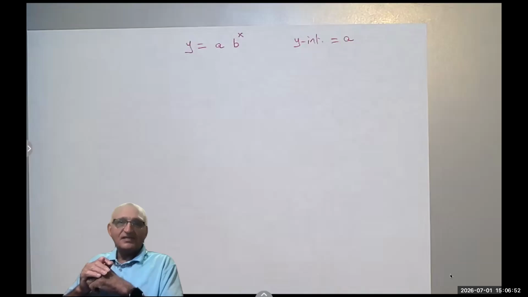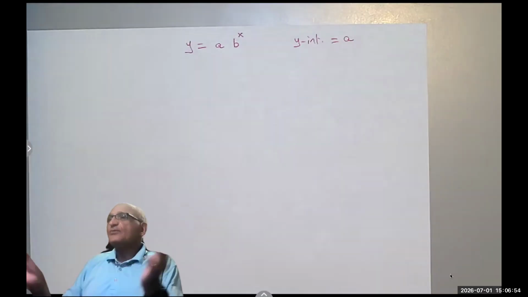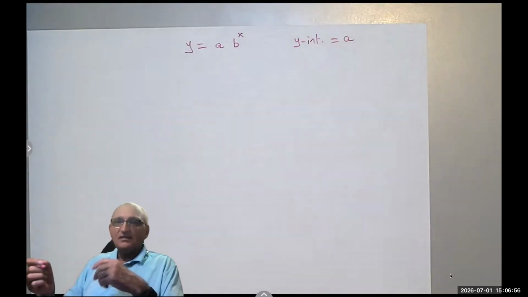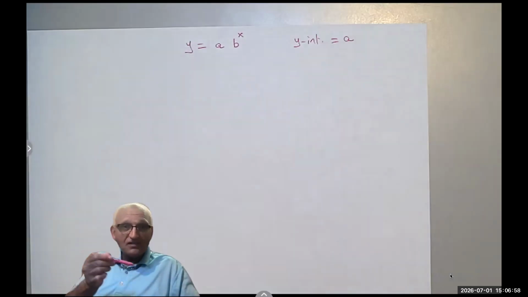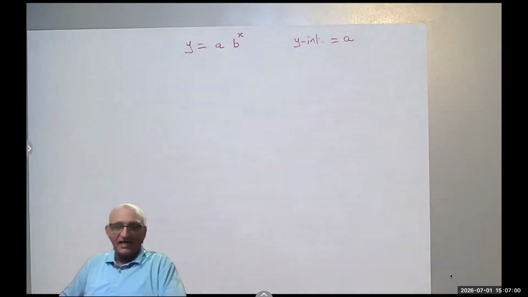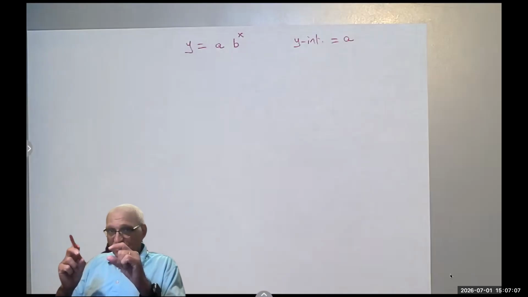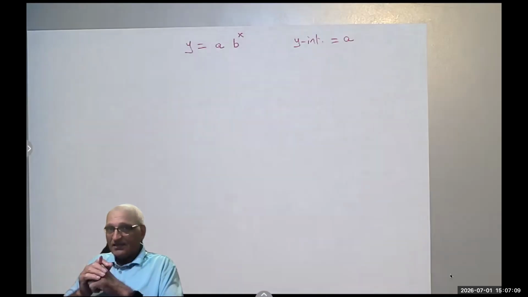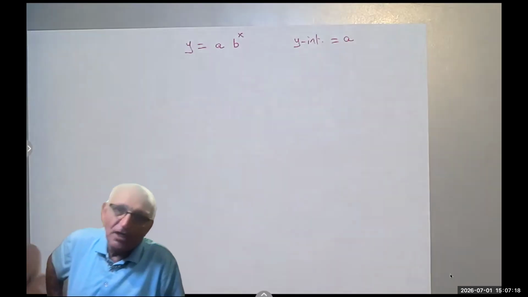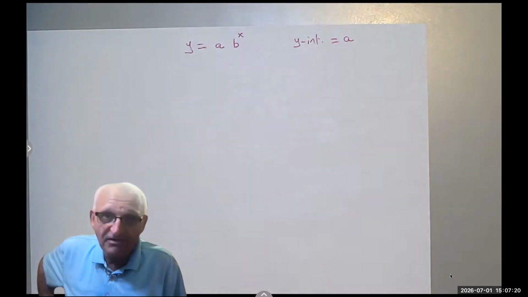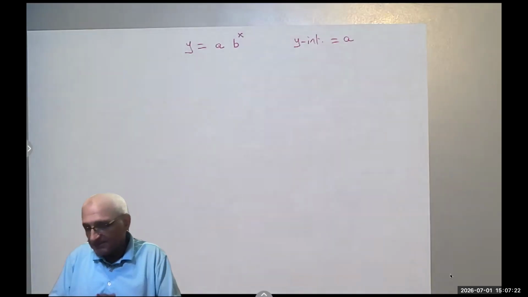Even if you make x a very small number, like negative 1 billion, you will see that we are approaching 0, but never crossing the x-axis. So there is no x-intercept for this equation, y equals a b to the x. There is no x value for which y is 0, unless x is negative infinity, so we don't have that.